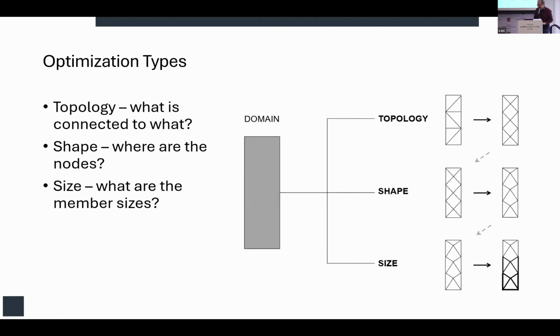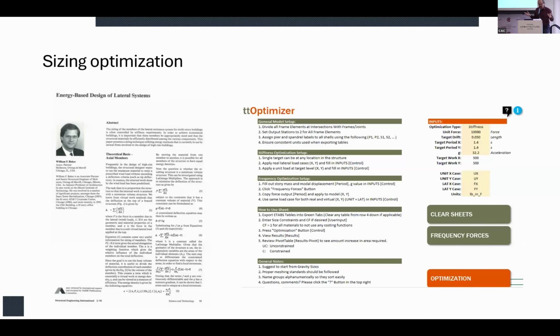This is something that I think we as engineers often struggle with. I'll get into that in a little bit. But sizing optimization is essentially a solved problem, okay? There's a really excellent paper from 1992 by one of my former colleagues, Bill Baker at SOM. It's a whopping four pages that just adapts a literature of optimization that has existed for a long time to practical structural engineering practice.